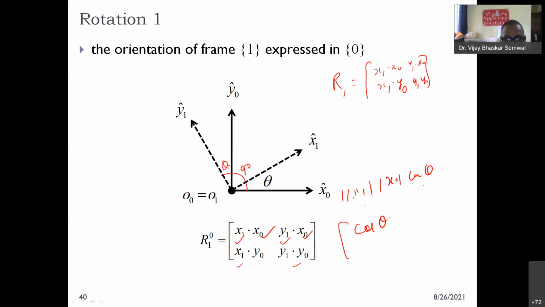So what will cos of 90 plus theta be? It will be minus sin theta. Okay. Similarly, you have X1 and Y naught. Sorry, not 90 degrees. This is 90 minus theta. So what will cos of 90 minus theta be? Sin theta. And Y1 and Y naught, this is just cos theta.